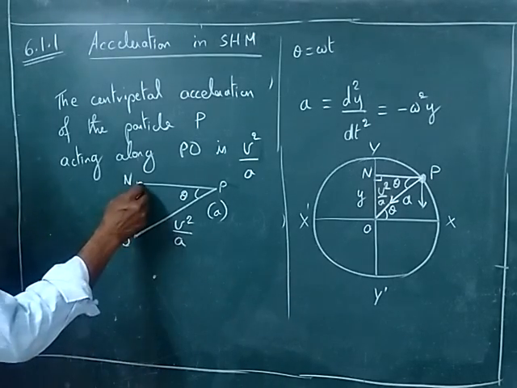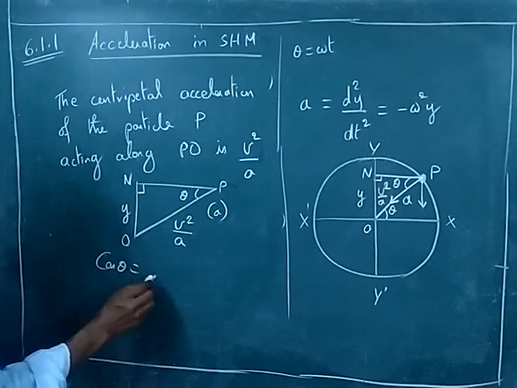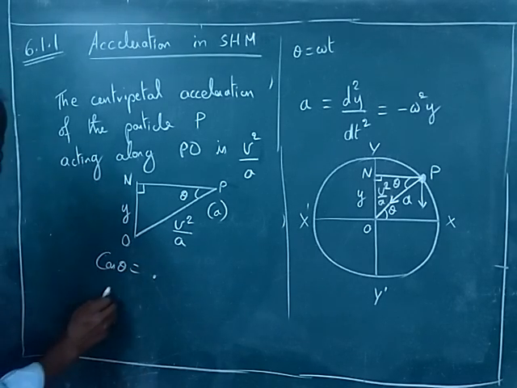Okay. Now in this triangle, this is 90 degree, we have cos theta and then we have sin theta.